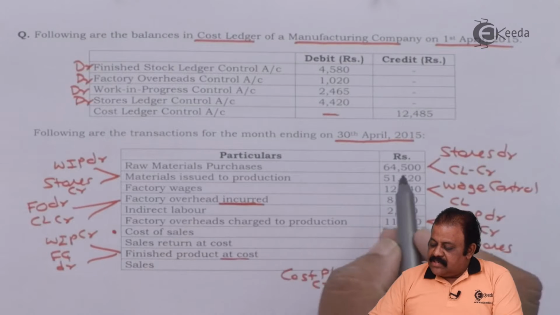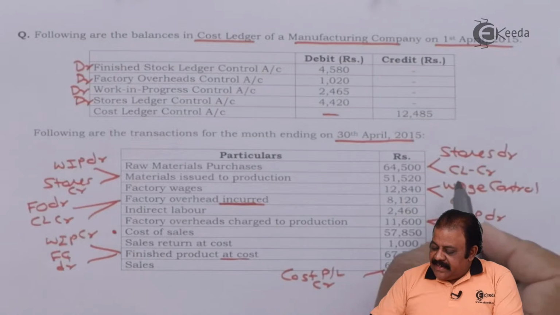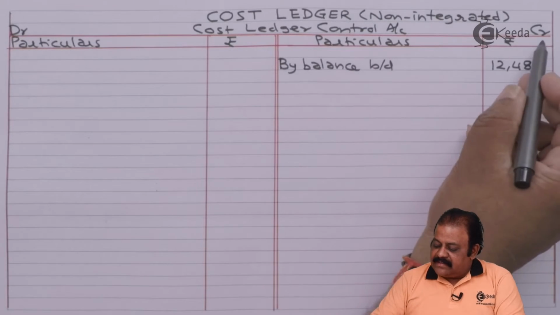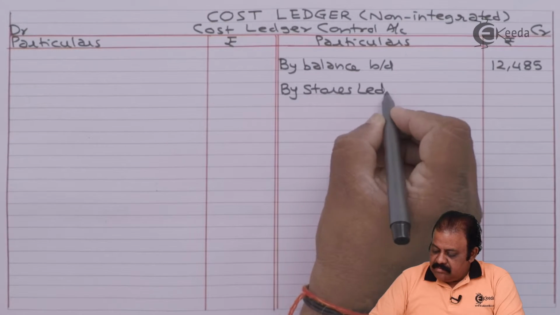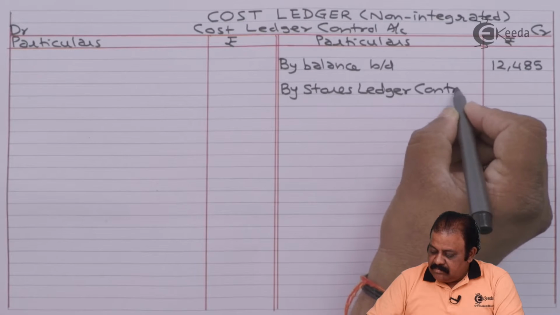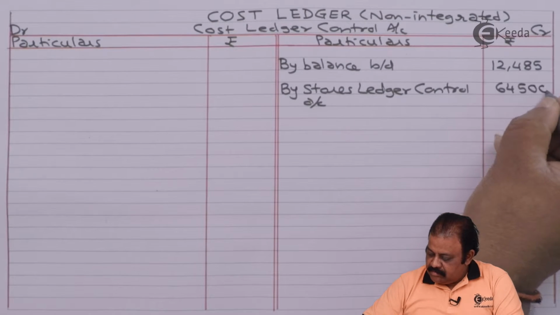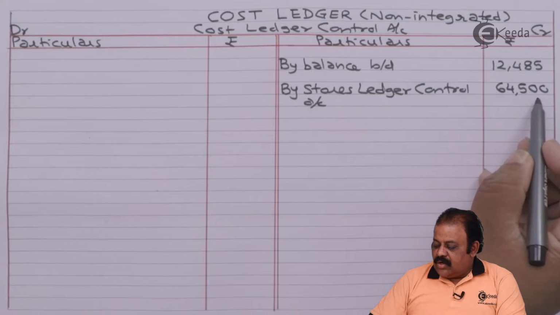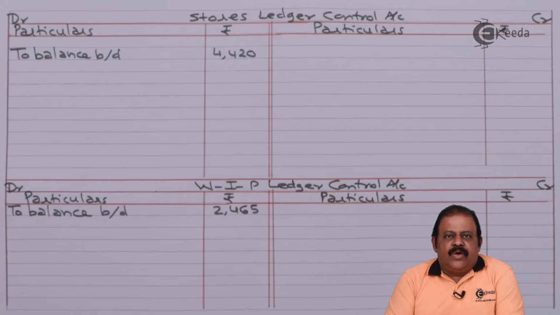Raw material purchases 64,500. This will be credited to cost ledger control account, credit side, by stores ledger control account 64,500. This will be debited to stores ledger control account.